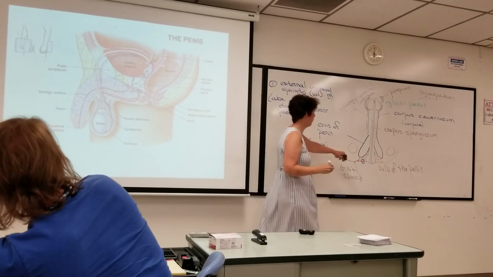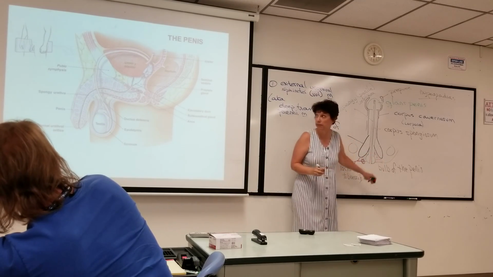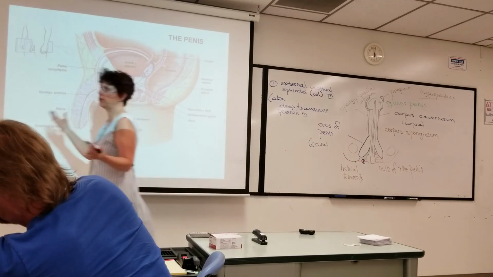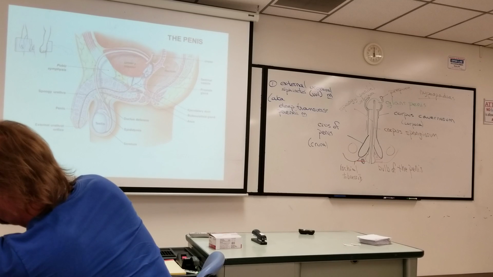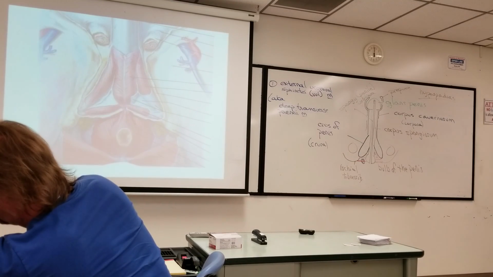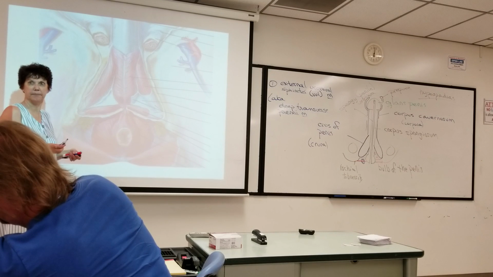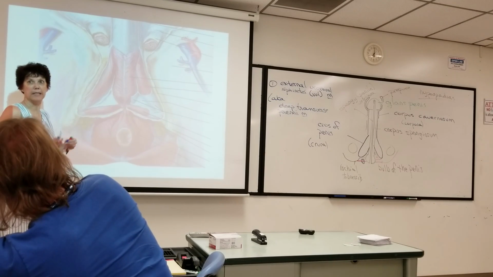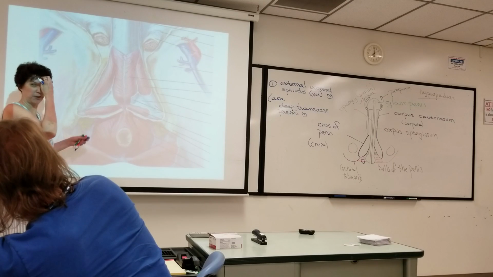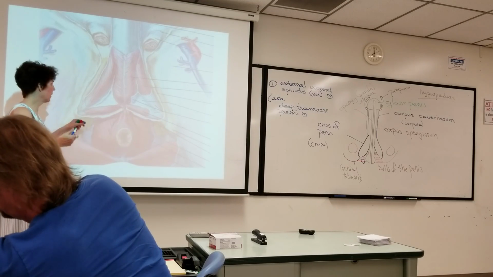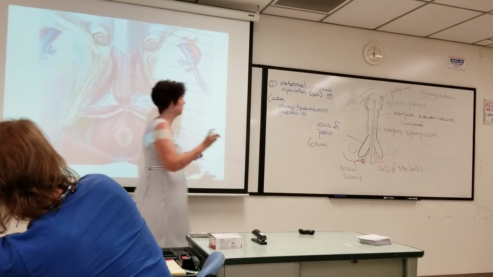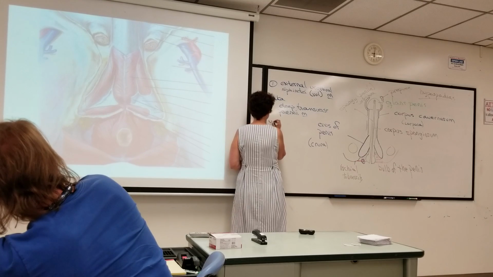And there is a superficial one that's just a very narrow column right here. Okay? You don't have to know that one, but that's why it's called the deep one. Because this is the superficial one right here. So according to the notes, we shouldn't call it the deep perineal, we should just call it the transverse perineal? Because there's 2 transverse ones. But then the other name is the urogenital diaphragm.